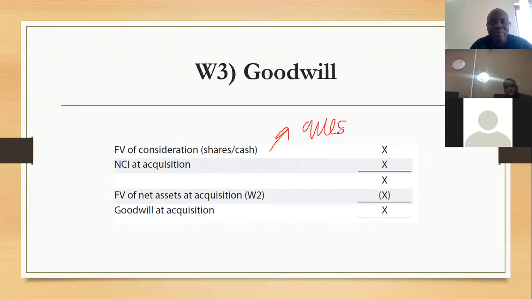You'll be told how much you paid. This is basically from the parent company. Then you have the NCI at acquisition, which you pick from working 2, in that schedule under at acquisition. Similarly, you pick it from schedule 2 as well, and you get your goodwill.